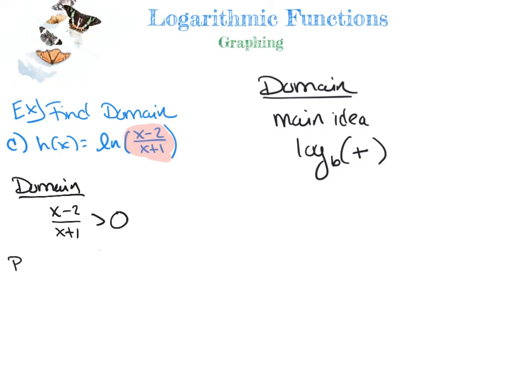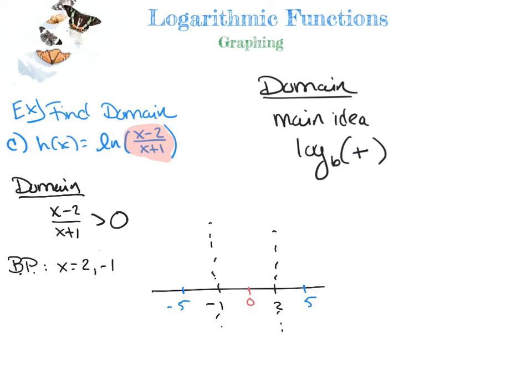This is really similar to the previous problem we did. We have boundary points, or critical points they're sometimes called, x equals 2 and negative 1. And just like in the last problem, I'm going to plot them on my number line and pick points within each set. So maybe over here, negative 5, and way over here, positive 5, and then maybe in the middle, 0.